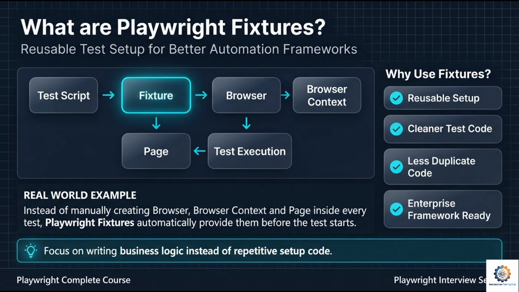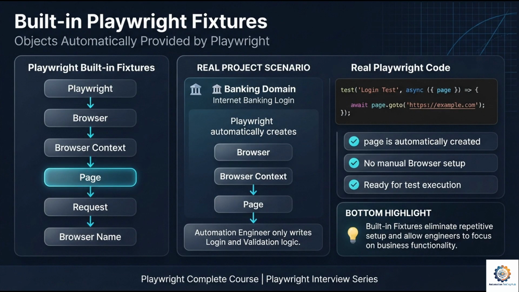Now let's look at Playwright built-in fixtures. Playwright automatically provides objects like browser context, page, request, and browser name. The page fixture is the one you will use most often because almost every UI test interacts with a web page.